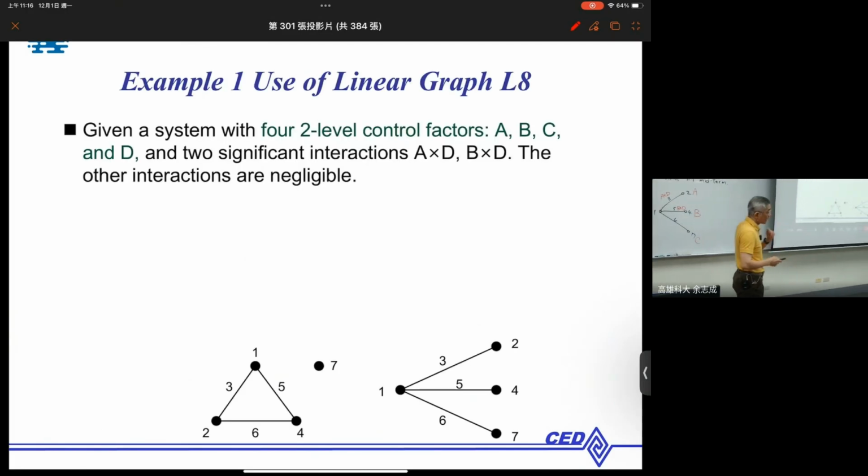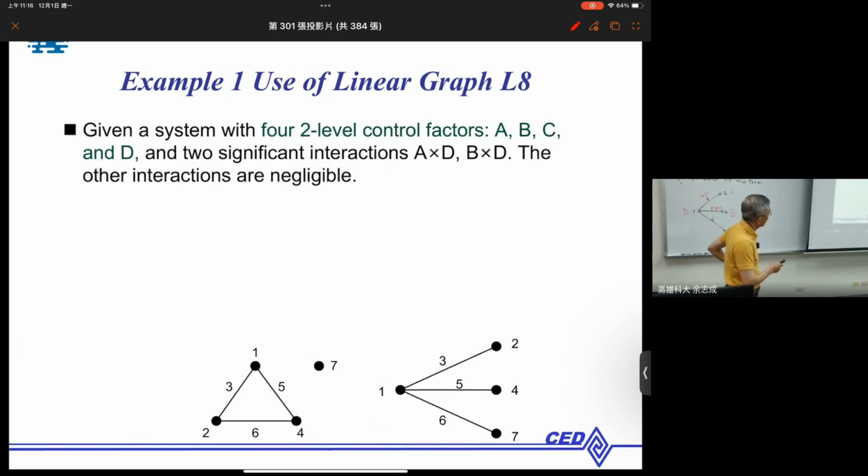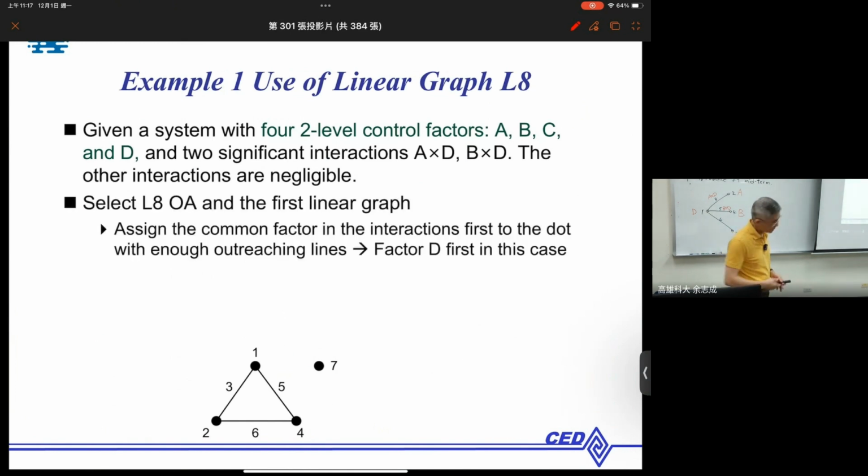Let's practice more. For instance, here we have A, B, C, D, and 2 interactions, AD and BD, very similar to our previous one. Other interactions are negligible. So how do you select? We start from D, because D happened twice.